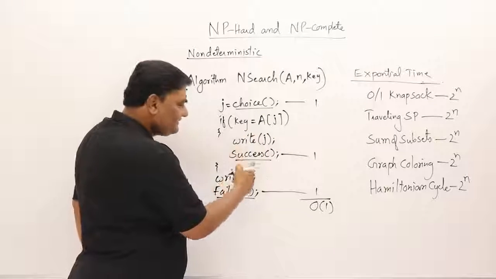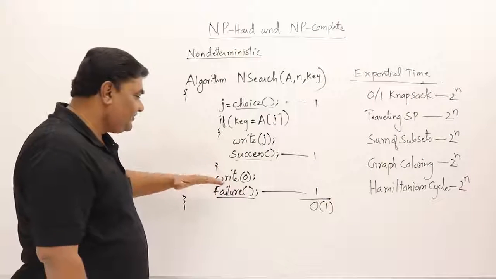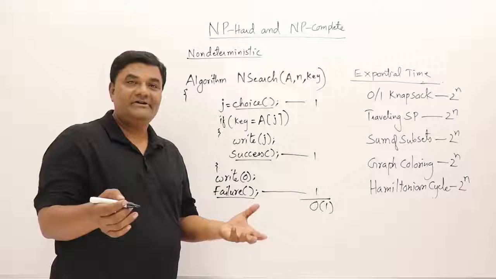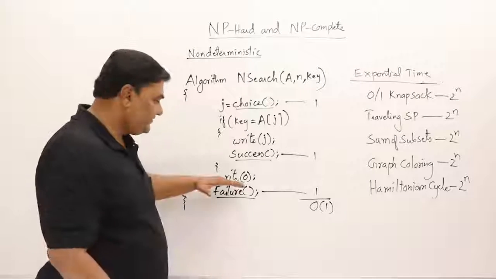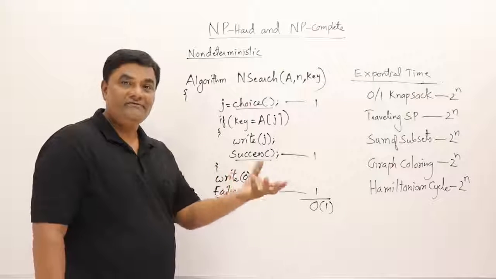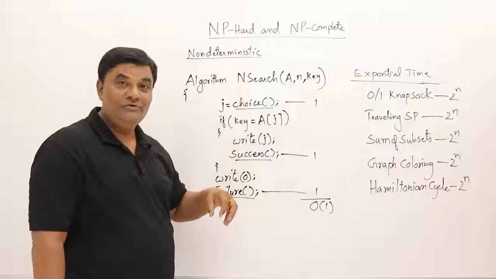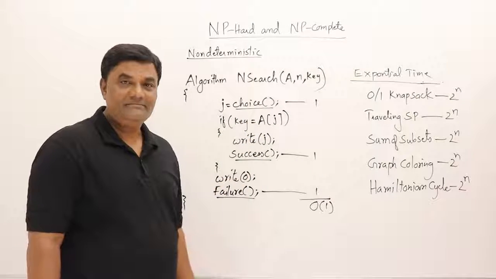If so, then the search is successful. We'll write the output and say the search is successful. If the key element is not there at that place, it means the key element is not present in the array, so the search is unsuccessful. So we say fail. It means the solution is not there, the key is not found. It's not that it's unable to find. It is able to find, but the key is not present in the array.